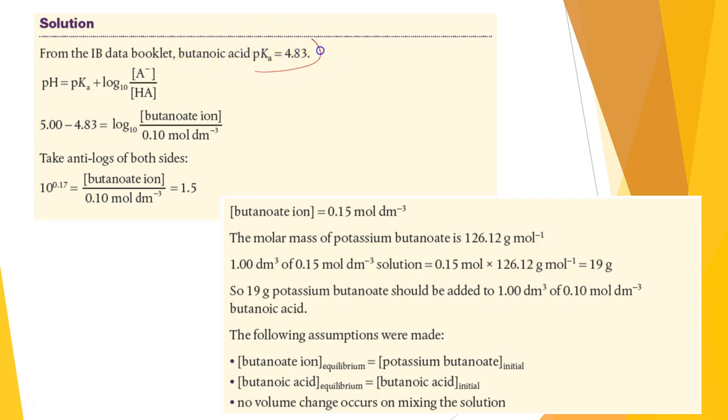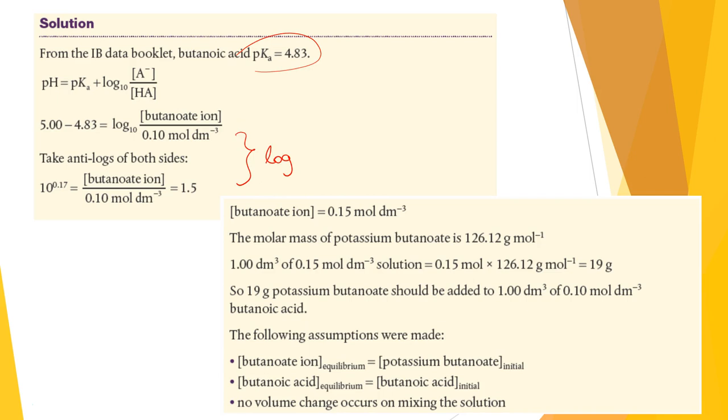So we can now substitute this into pH equals pKa plus log of the salt over the acid. The pH that we're after is 5. Then we take the anti-log of both sides, using your log knowledge from maths.